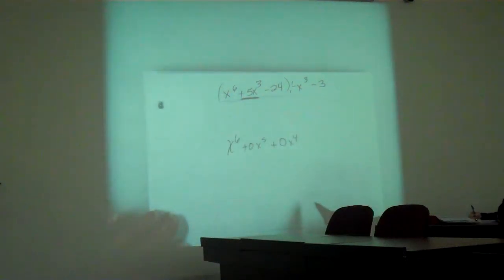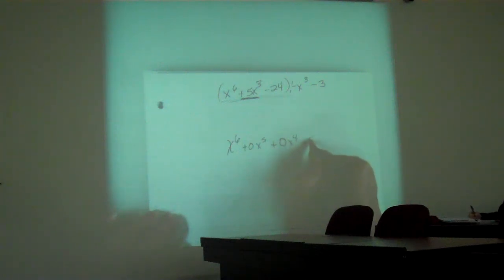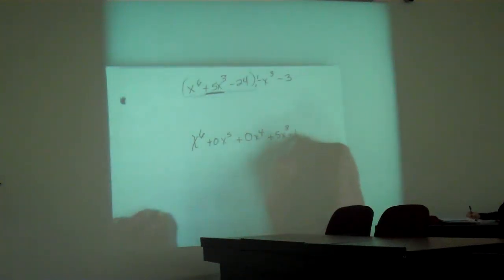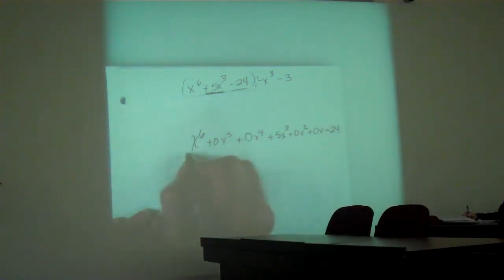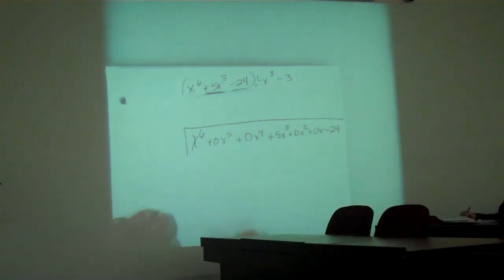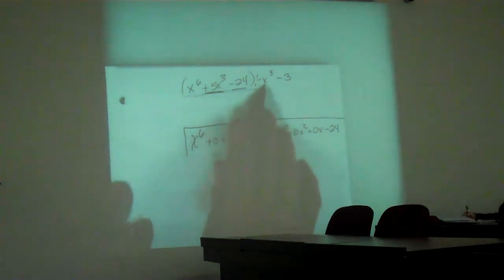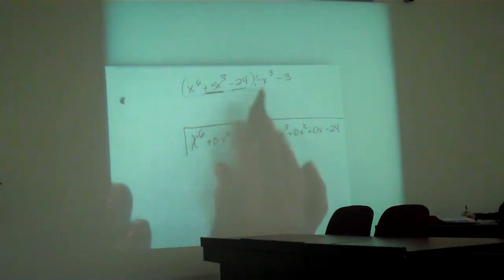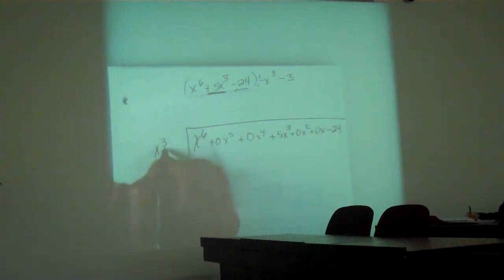There's your x to the third, so we'll put plus 5x to the third. There's no x squares, there's no x's, and then there's your number, minus 24. Okay, that's divided by x cubed minus 3.